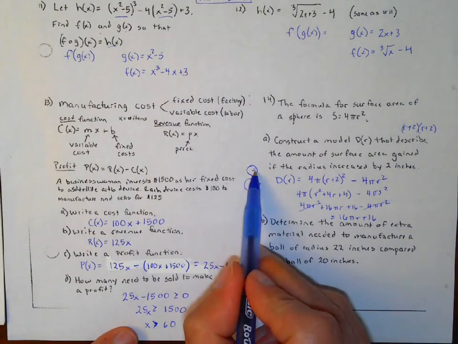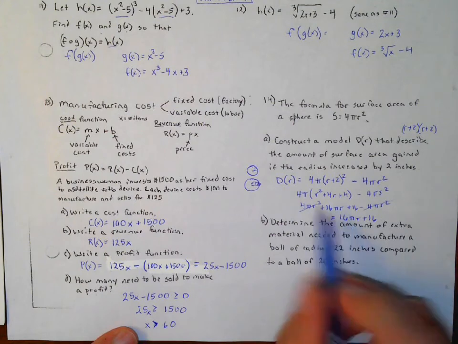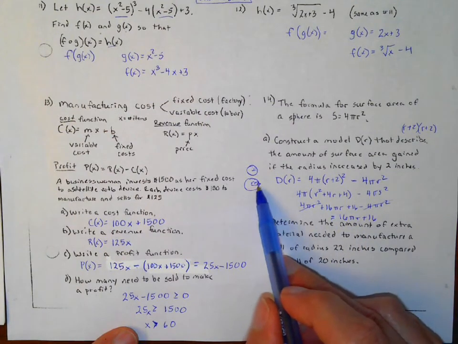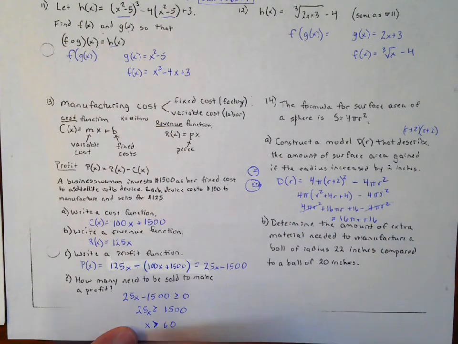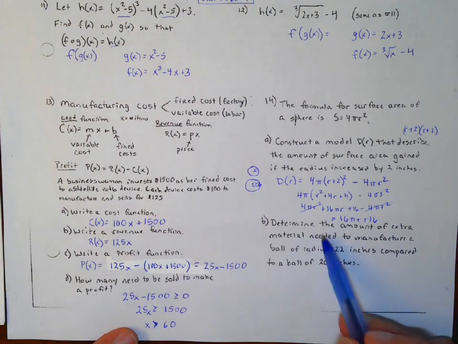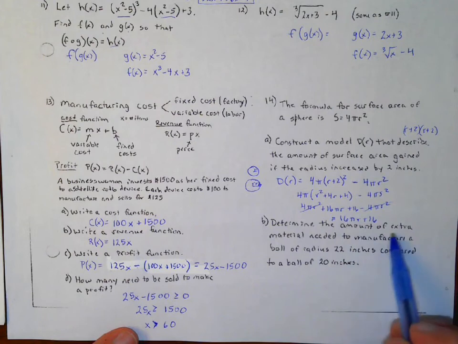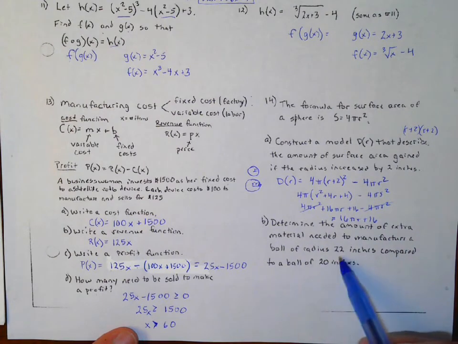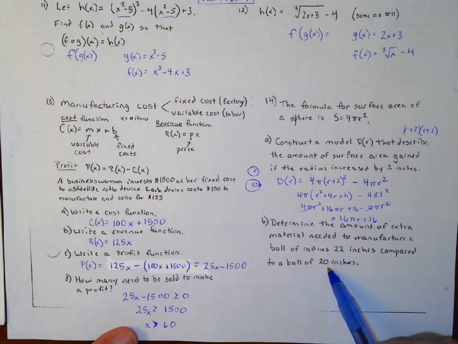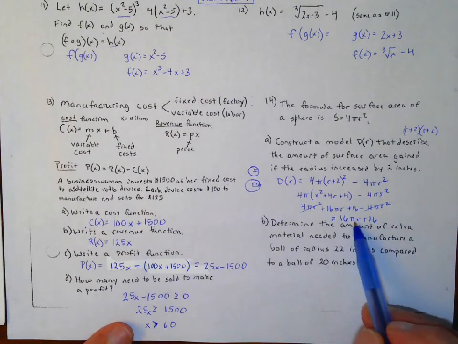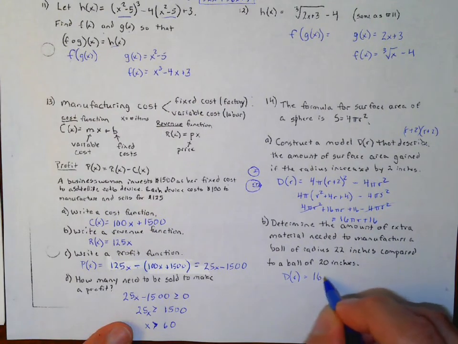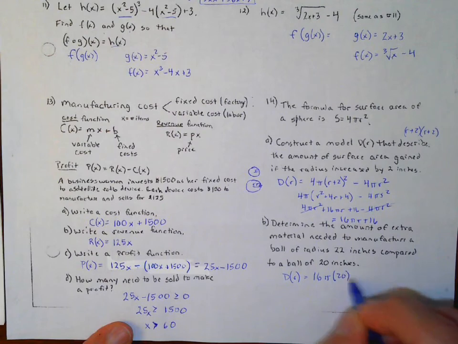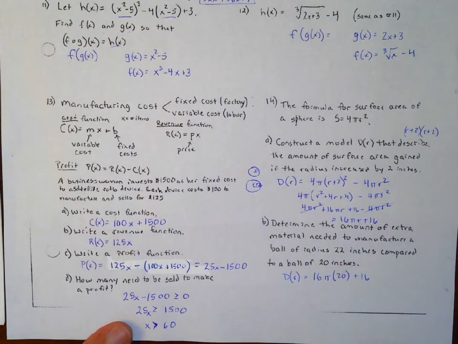That would be how much more surface area there is. So if we start with a radius of, let's say 10, if I take 10 plus 2, it would be 12. So the surface area of 12 versus 10 would be this amount right there when you plug in the r, the 10 there. Okay, so here's an example then. Determine the amount of extra material needed to manufacture a ball of radius 22 inches compared to 20 inches. So we can use this right here. Our difference of how much is going to be used would be 16 pi times r plus 16, using that equation there.